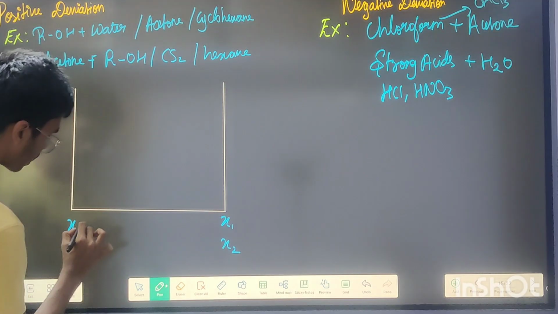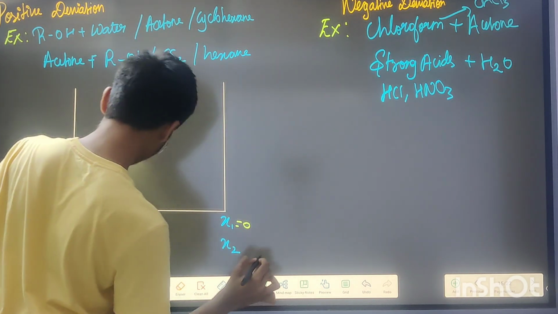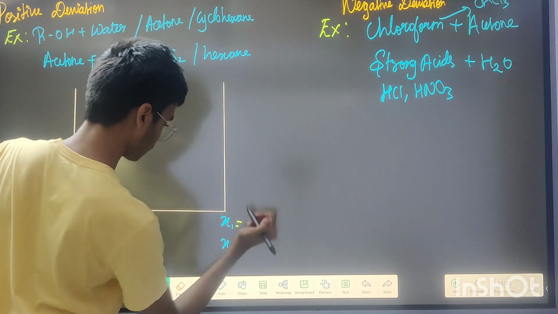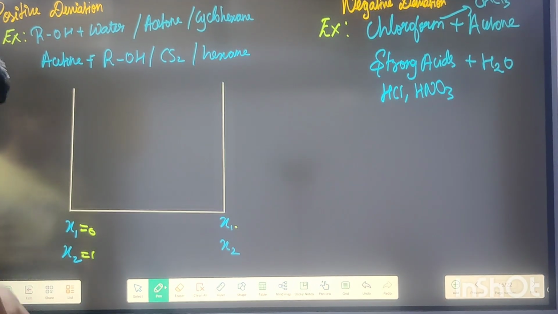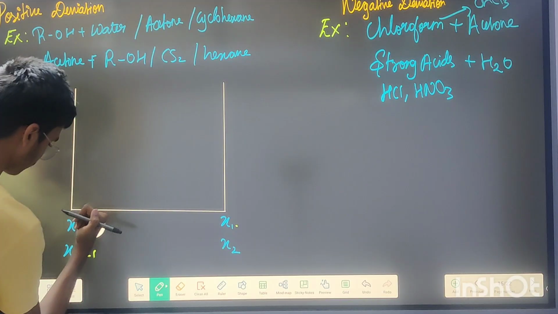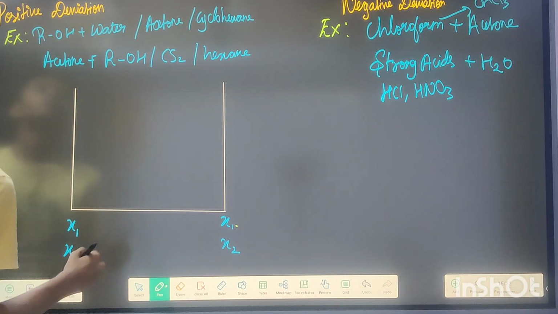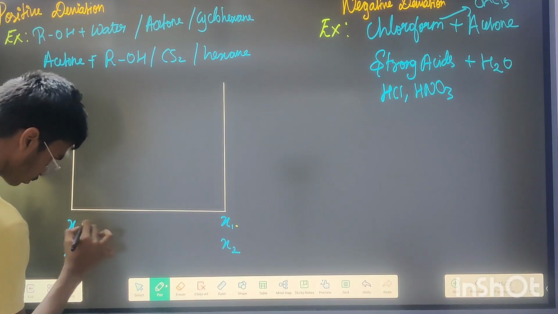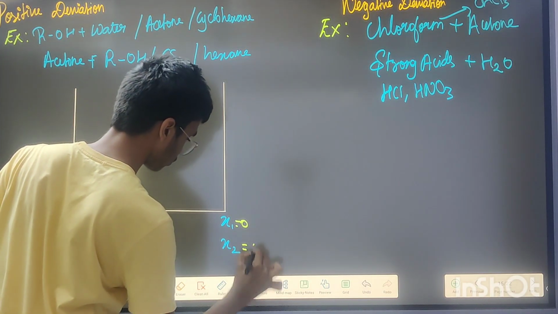Here I am going to assume x1 as 0, here as 1, here as 1. Wait. Shall I assume it in the usual way? Yeah, I will assume it in the usual way. 1, 0, 0, 1.